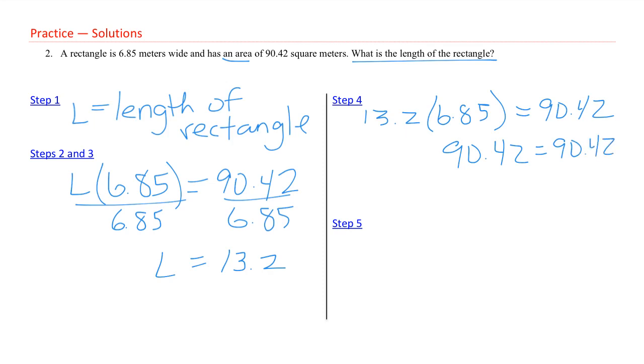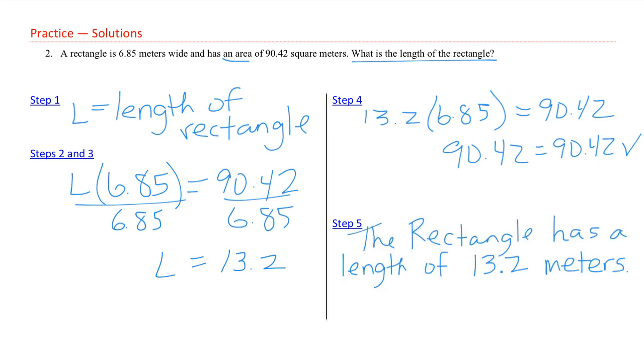So our answer works. It makes sense within the context of the problem. And now it's time to write our final answer as a sentence. There we go. The rectangle has a length of 13.2 meters.